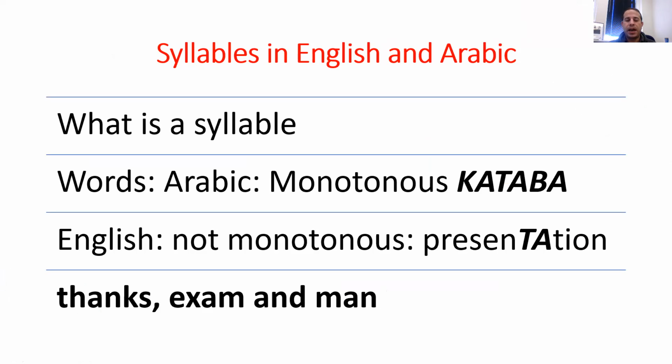But why do we have different ways of pronouncing words in English? Because in English, one of the main components of speaking and pronunciation is the syllable. You can think of a syllable as a phonetic chunk, a group of sounds that are pronounced together.